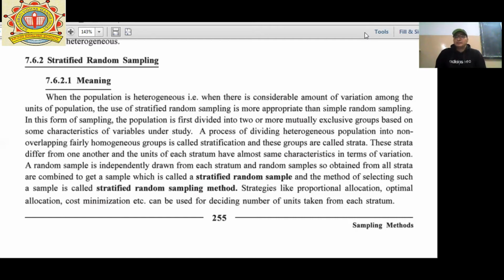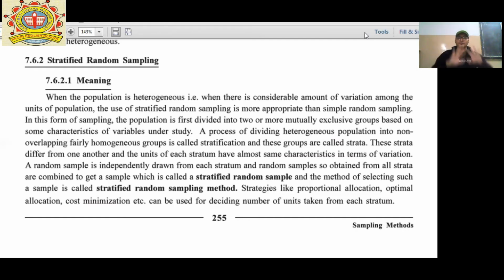Let's take an example. In a secondary school, from 9th to 12th, let's say the total population is 500. But I cannot select just any one person from these 500. So I divide it class-wise: ninth class, 10th, 11th, and 12th. I divide the whole population of 500 into four different groups: one, two, three, and four. Now I select one person from ninth class, one from 10th, one from 11th, and one from 12th.